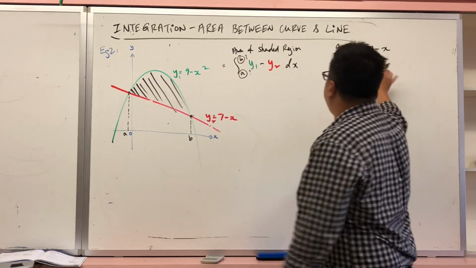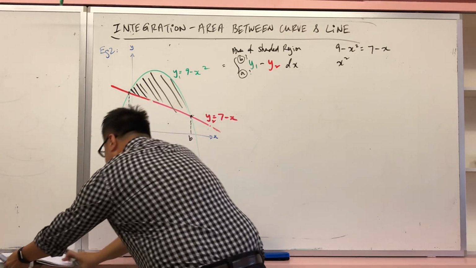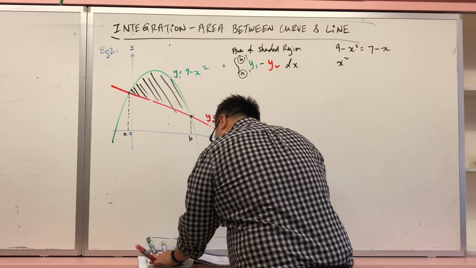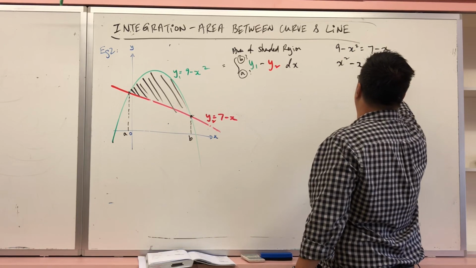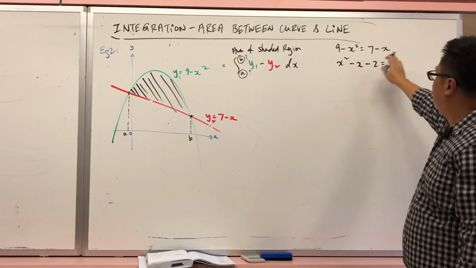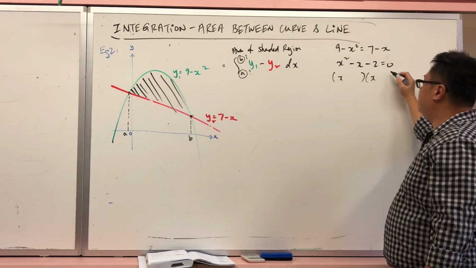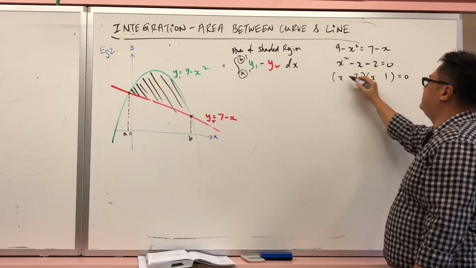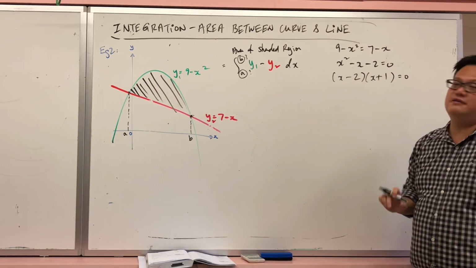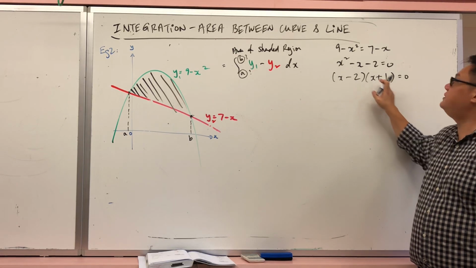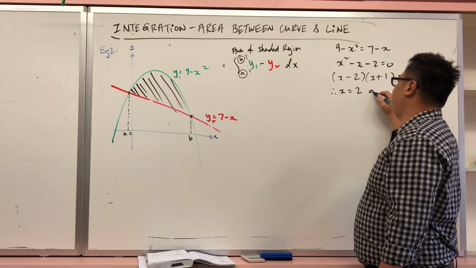I equate them, I form an equation: x squared minus x minus 2 equals 0. Then from here we factorize. That's why I must learn how to factorize properly. Double check: negative 2x plus x equals negative x, and negative 2 times positive 1 is negative 2. So I know that x is equal to 2 or negative 1.